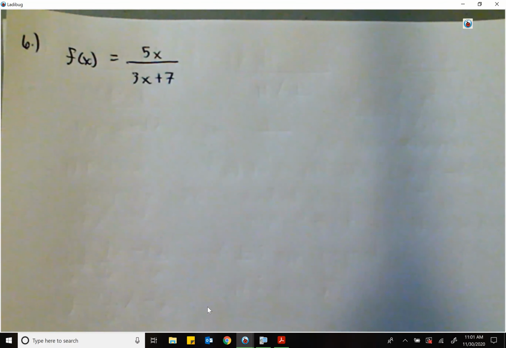Positive. A little bit more than that. We always assume domains are all what in the beginning? All real numbers. So from negative infinity to positive infinity.